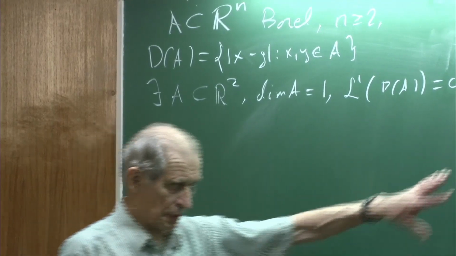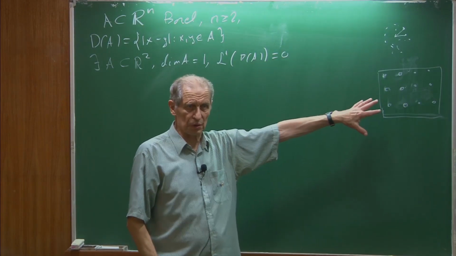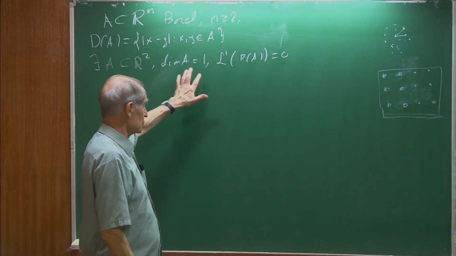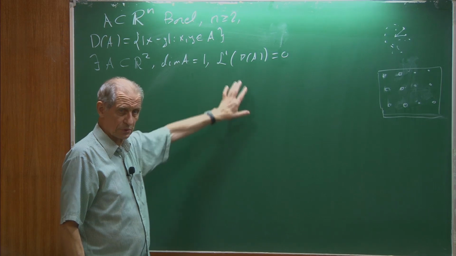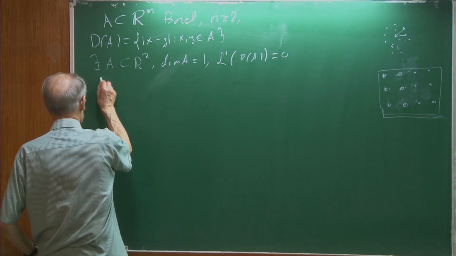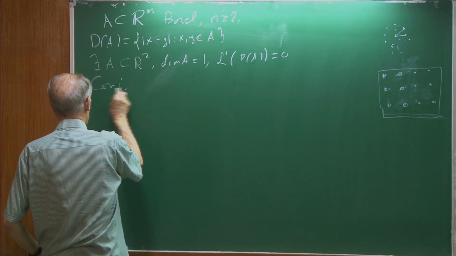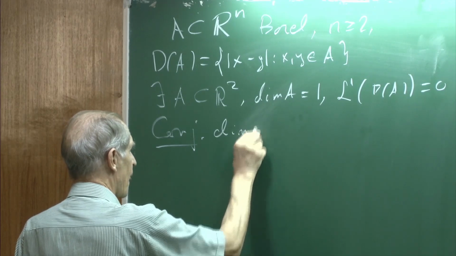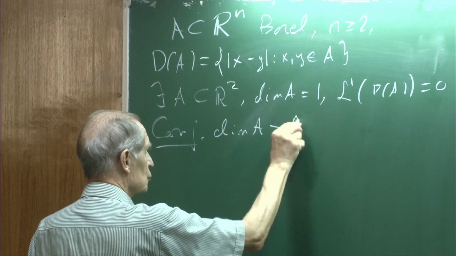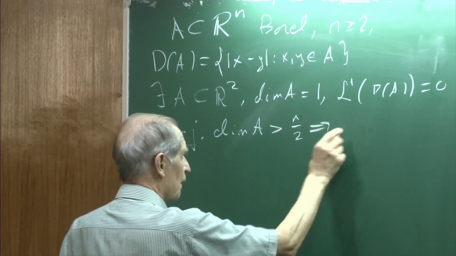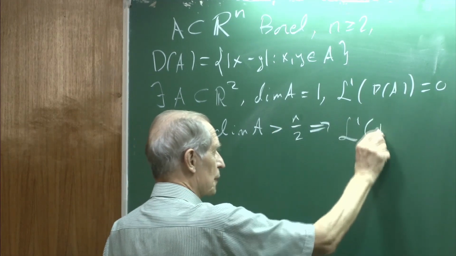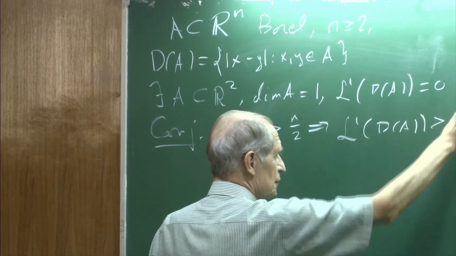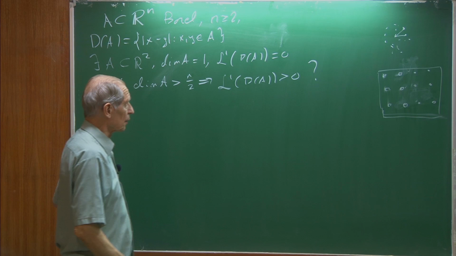And because this is expected to be the somehow extremal case, then the conjecture is that if the dimension is bigger than 1, then this measure is positive. And the conjecture in R^n is that if dimension of A is bigger than n over 2, then the one-dimensional Lebesgue measure of the distance set is positive. But this is open in all dimensions.